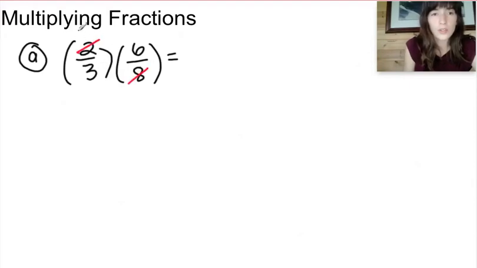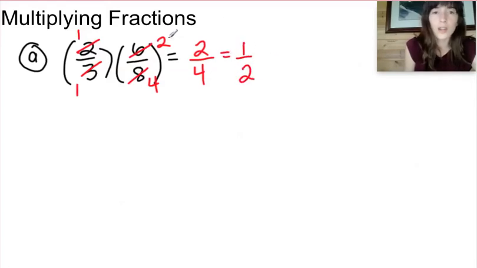So 2 goes into 2 one time. 2 goes into 8 4 times. And then I can cross-reduce my 3 and my 6. 3 goes into 3 once. 3 goes into 6 twice. So multiplying 1 times 2, 2. 1 times 4, 4. And that reduces to 1/2. You could have gone back and also reduced the 6 and 8 beforehand, reduced the 2 and 4 here. It doesn't really matter. There are many ways we could have reduced these two fractions to get our final answer to be 1/2.